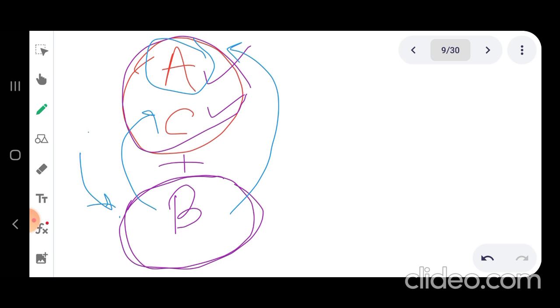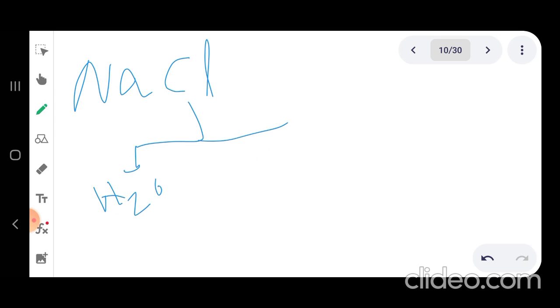So you need to choose a solvent that somehow chemically attracts this A, and to some degree does not attract this C. To better illustrate the concept, let's go back to our example of oil and water. Which do you think is easier to dissolve, NaCl, which is salt, in water or in oil?